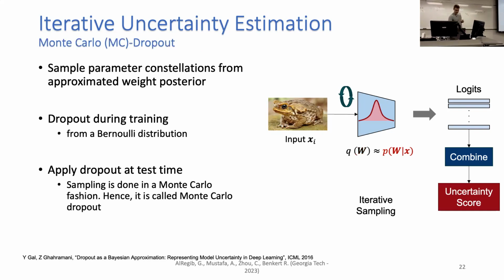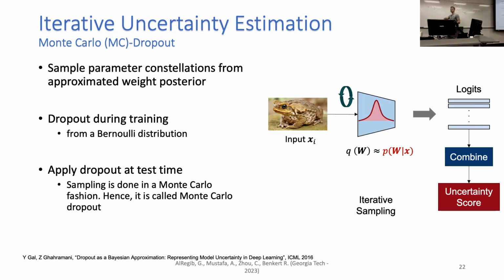So now that we say we're going to approximate this posterior, which is this piece over here, we're going to find some way to approximate it. The idea is actually very simple. If you know this weight distribution that I just mentioned, you do not need to have particular instances of the neural network, right?